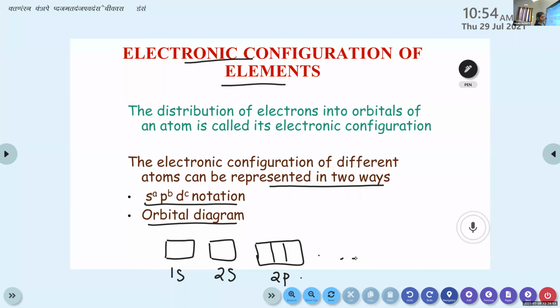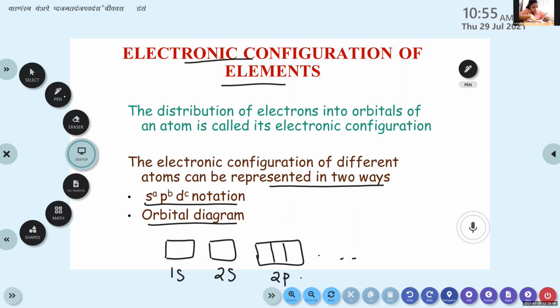So are you ready to write the electronic configuration of elements, children? Finish, right? Adulya, only need to write these portions.